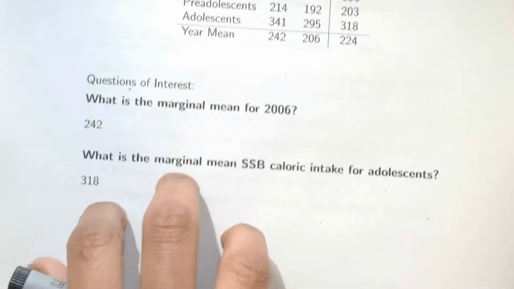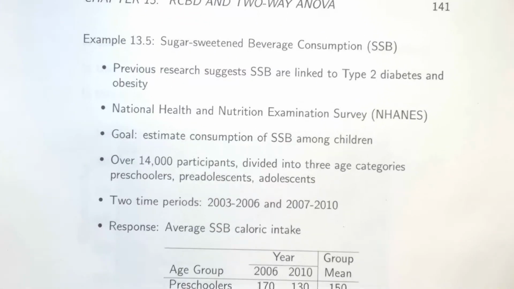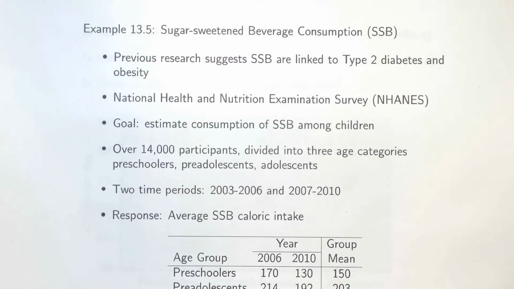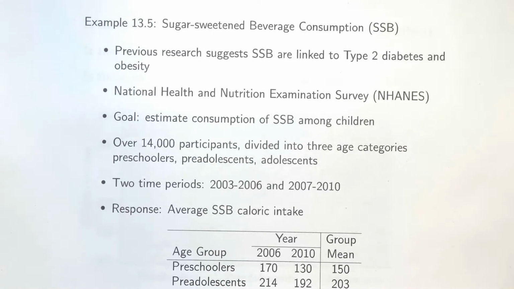Okay, so let's look at a couple of examples that are in your textbook, just to look at the differences between these and how we think about these interactions. So this is example 13.5 from your textbook. It's on sugar-sweetened beverage consumption, or SSB for short. And previous research has already suggested that sugar-sweetened beverages are linked to type 2 diabetes as well as obesity.